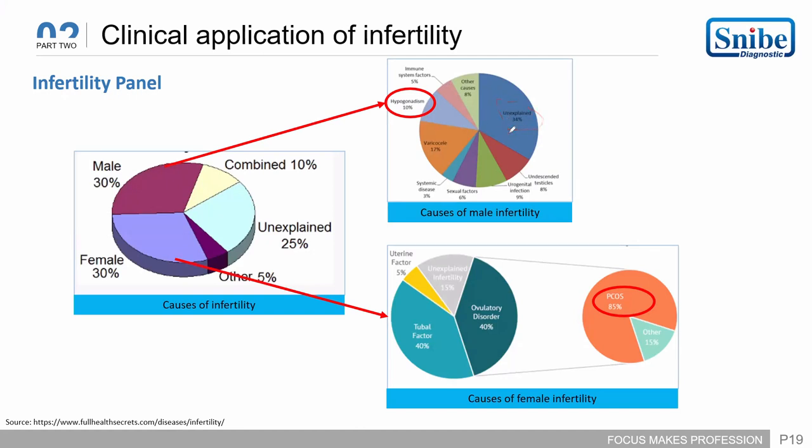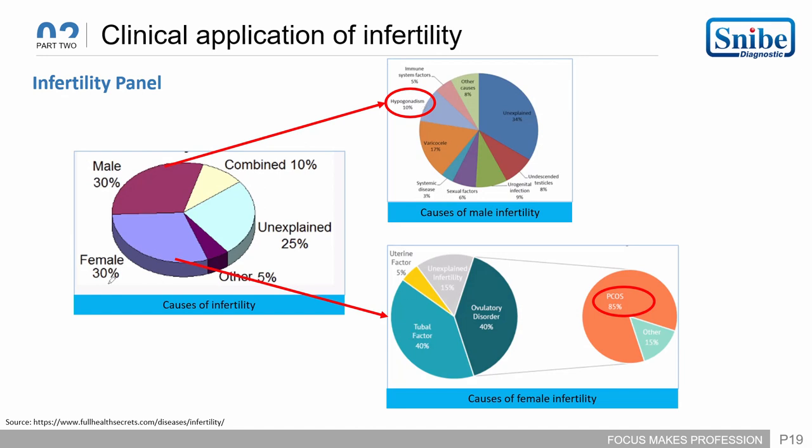The remaining 3% and 6% are sexual factors and systemic disease, urogenital infection in 9%, and undescended testicles in 8%. Other causes are 8%. So these are the overall distribution of causes of male infertility, with hypogonadism a major cause.